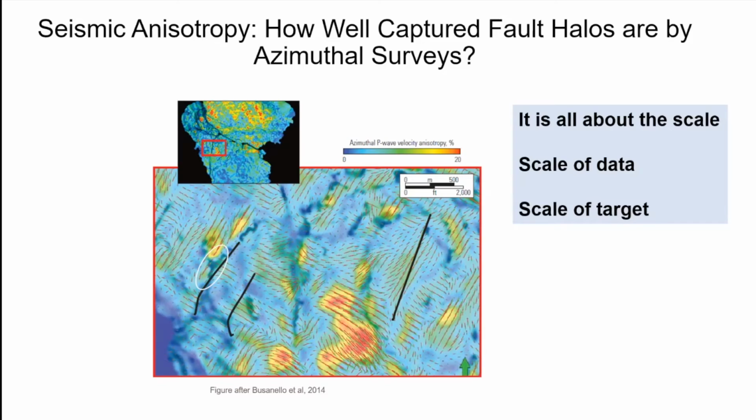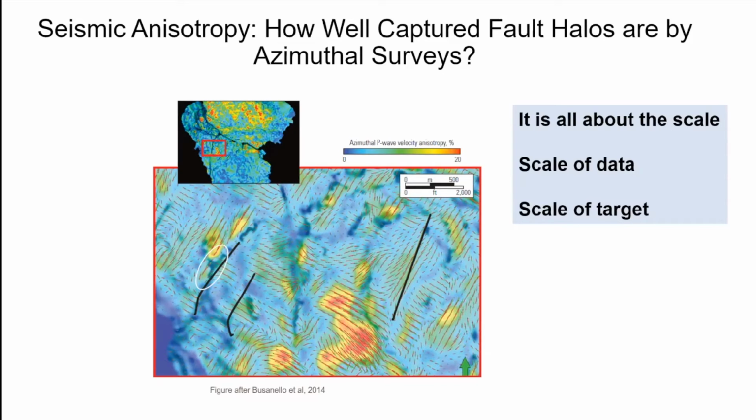But if we compare two fault sizes that occur in different host rocks, that is a different story. There are quite a lot of studies that support that the halo widths vary significantly.